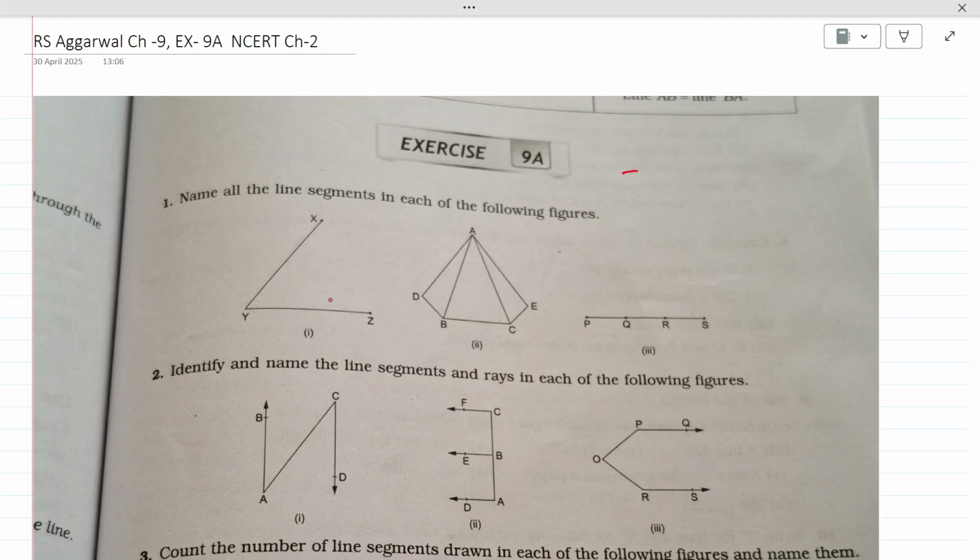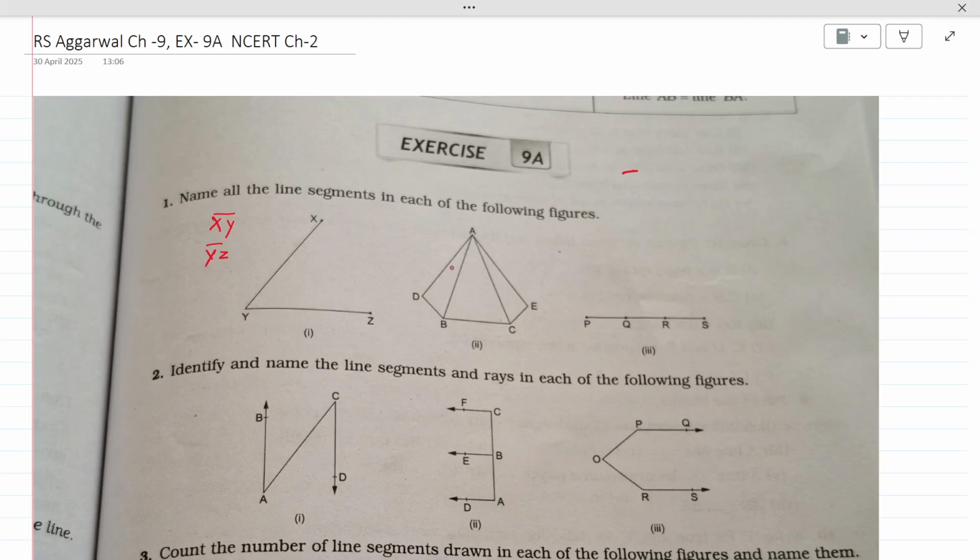In this figure 1, the line segments are XY and YZ. And we denote them by putting a bar over XY and YZ.